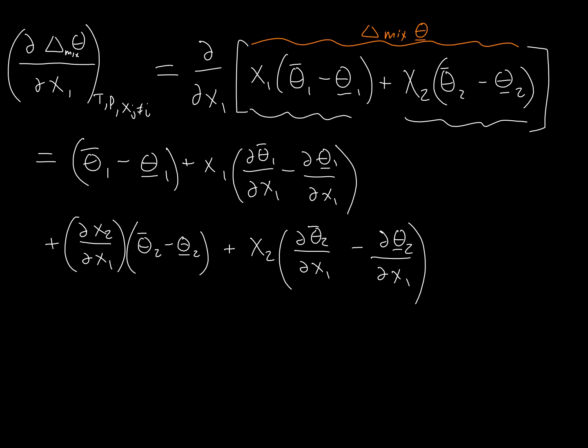If we write out x1 plus x2 is equal to 1, then we can write x2 is equal to 1 minus x1, and then we have this in a form where we can say that dx2 dx1 is equal to minus 1. So we can rewrite this expression here as minus 1. So that's one simplification we've got down. So give me something we can cancel out.